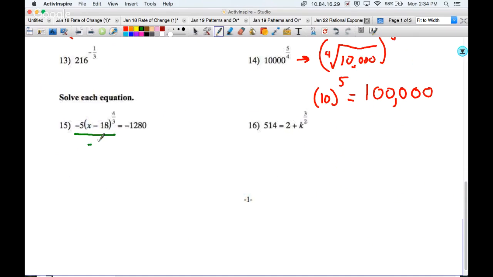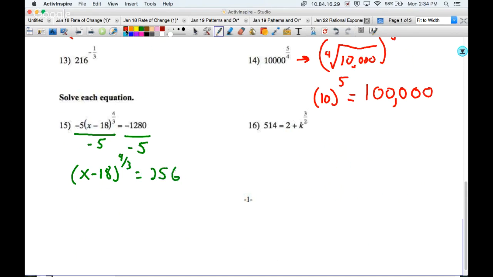And so we can divide both sides by -5. That's going to help us isolate that exponent there. And so now I've got x minus 18 to the 4/3 equals 256.